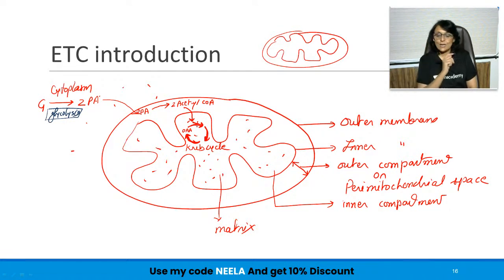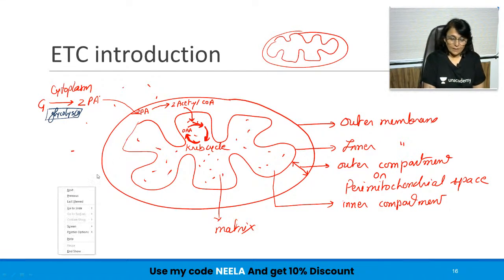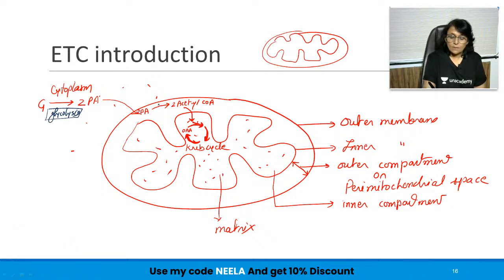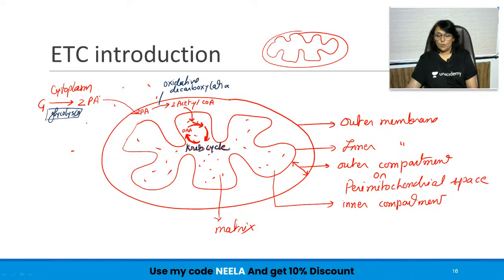Glycolysis in cytoplasm, this is oxidative decarboxylation, and this is Krebs cycle. So we know the location of all these things.